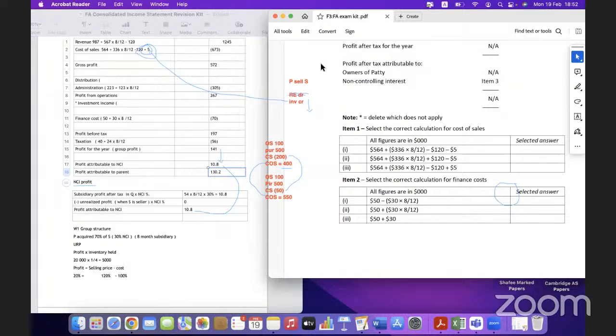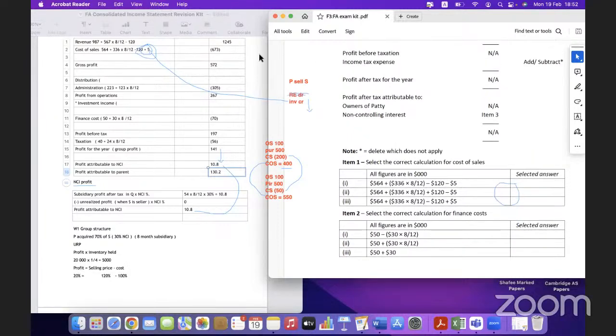Next one, guys, when we go up, income tax expense. So income tax is, guys, taxation. So you will copy this 56 over here. Taxation. Done. Next one, guys, profit for the year, not applicable. Now see, guys, profit for the year we got as 141. Here it's not applicable. You don't have to mark it.